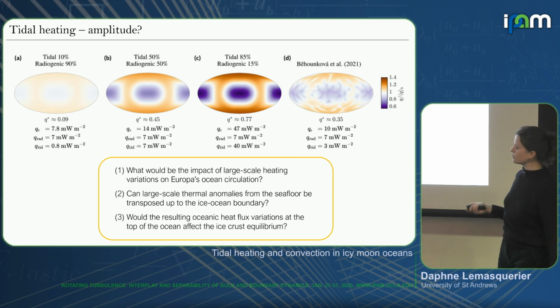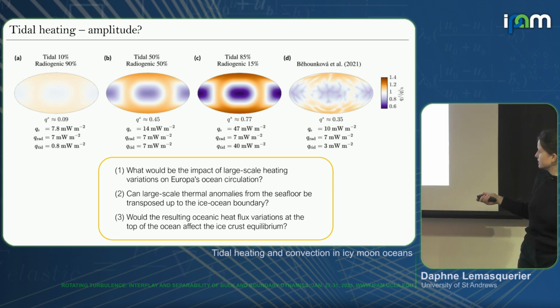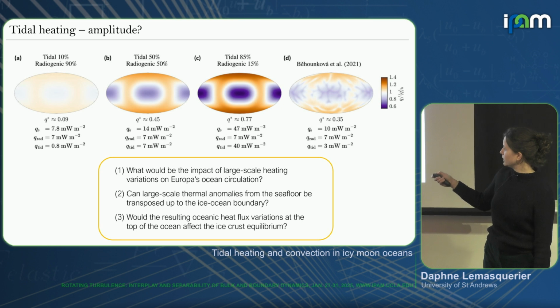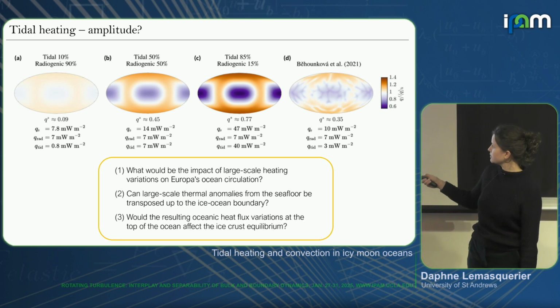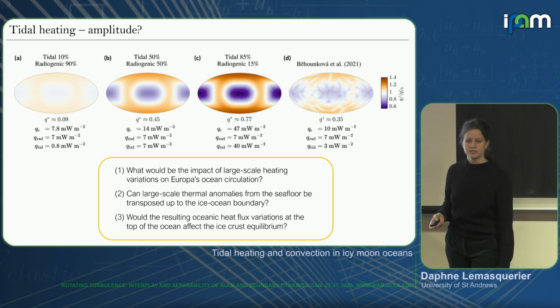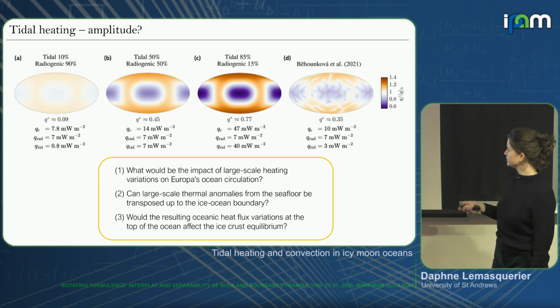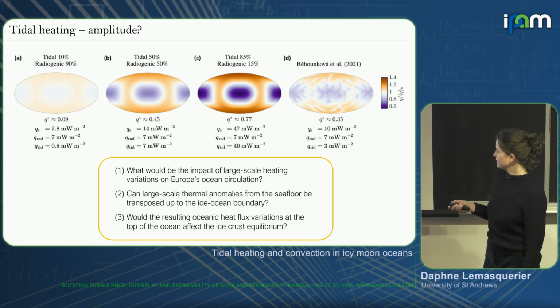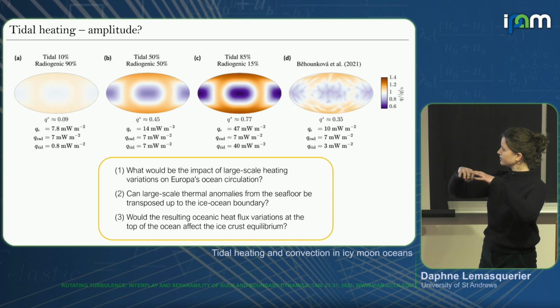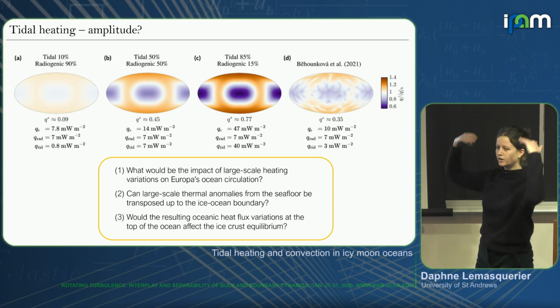And the three main questions that we wanted to address in this study was to understand, well, if you're considering this type of heating pattern, what would be its impact on the large-scale circulation in Europa's ocean? Second question, if you have large-scale thermal anomalies, how are they transposed up to the ice-ocean boundary?